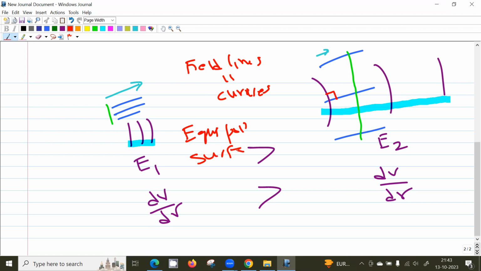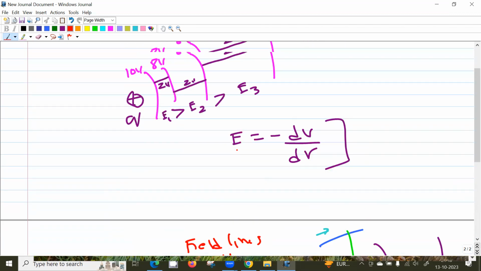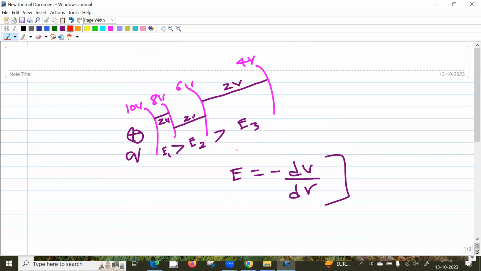For example, for a point charge, the field line is a straight line which goes like this in all directions equally because of symmetry. The field lines are straight lines, and the equipotential surfaces are spherical shells. That is, the angle should be 90 degrees. So the electric field will be perpendicular to the equipotential surface.